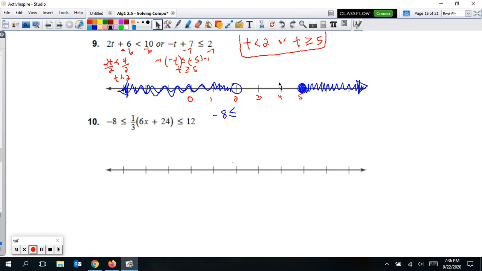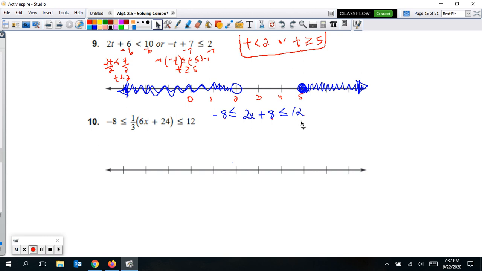So we know 6 divided by 3 is 2, so it's going to start out with 2x. And this one will be like 24 divided by 3, which is 8. So that was fairly easy to do. Don't be intimidated by fractions all the time. They're not that bad once you get used to them. And then you just write your less than or equal to 12 at the end of this.